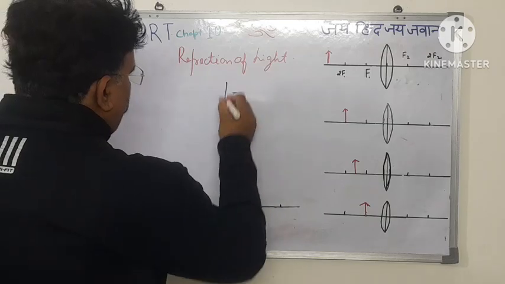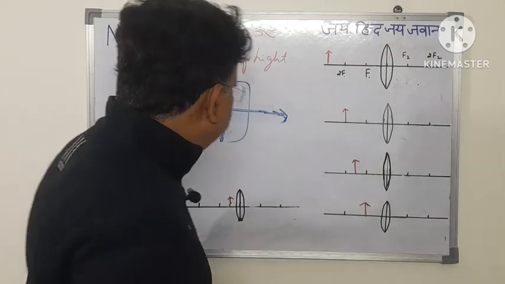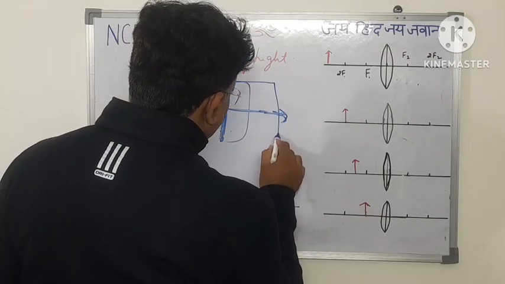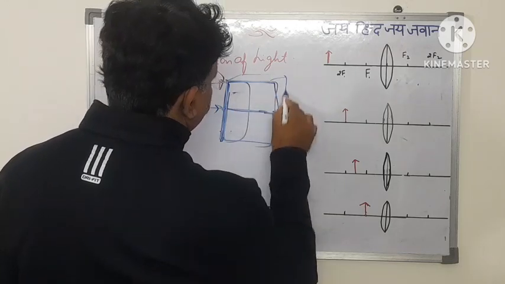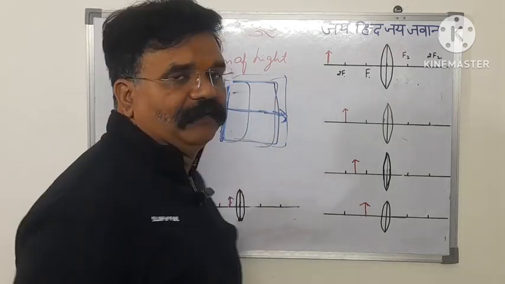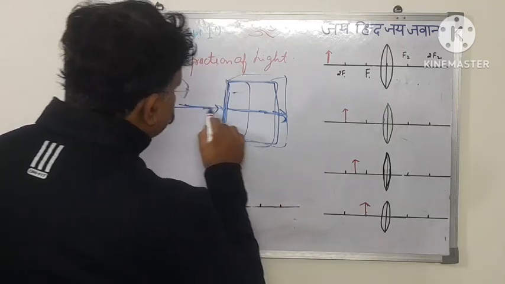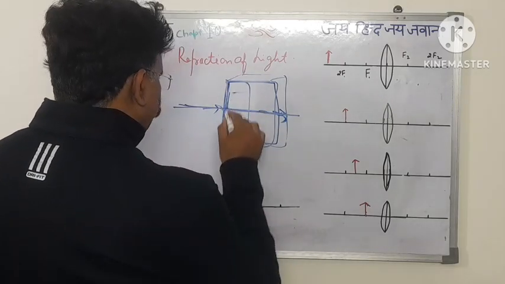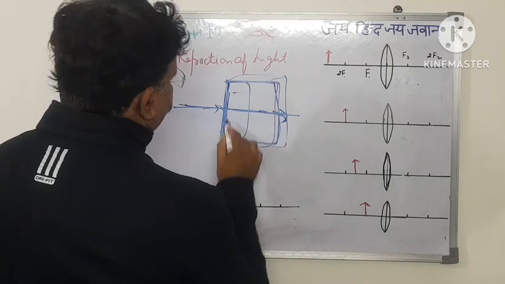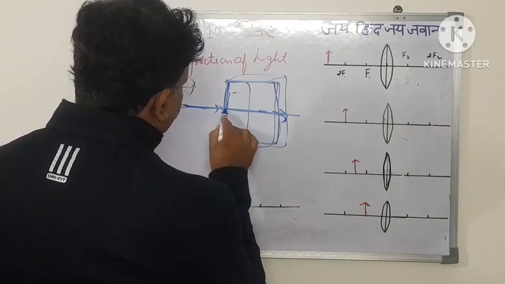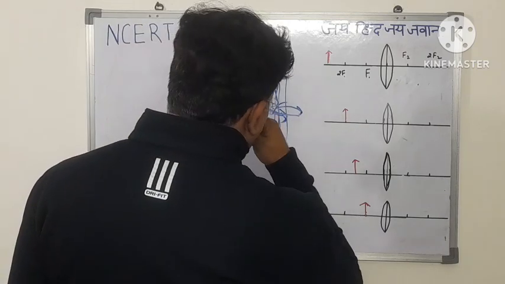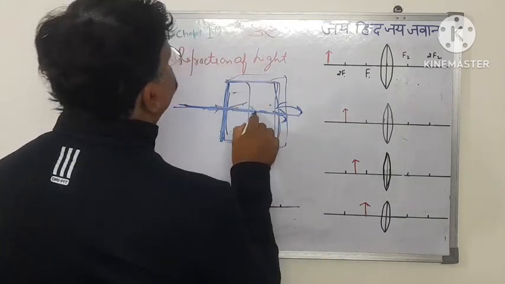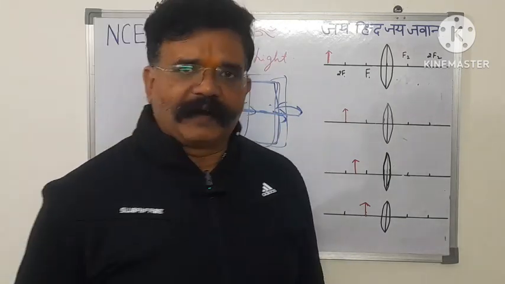When there is a window glass, sunlight, if there is a huge glass slab kept here, this will not happen. There will be a deviation of the path, because due to the density of the material of the glass slab, the light rays will deviate from their path, and while coming out, they will be disturbed.